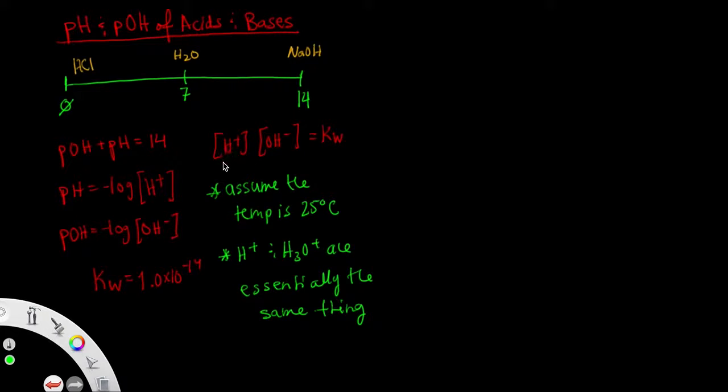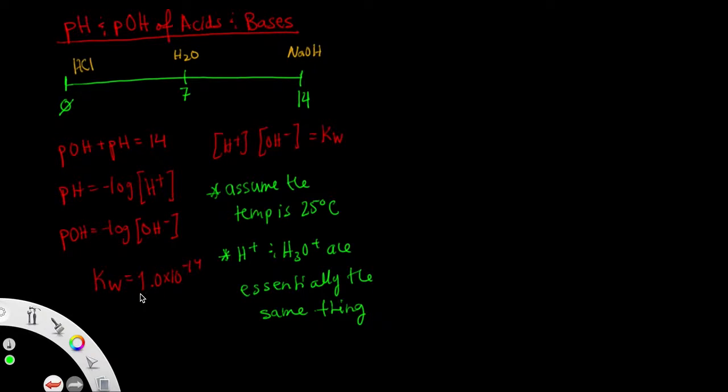And also, a very, very important concept when it comes to finding pH and pOH is this water constant. Water constants are very important when it comes to finding things like H plus or OH minus concentrations. Now, the equilibrium constant for water, which is represented by this Kw, is 1.0 times 10 to the power of negative 14.